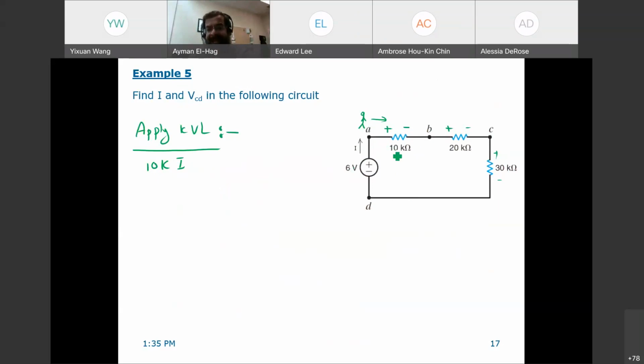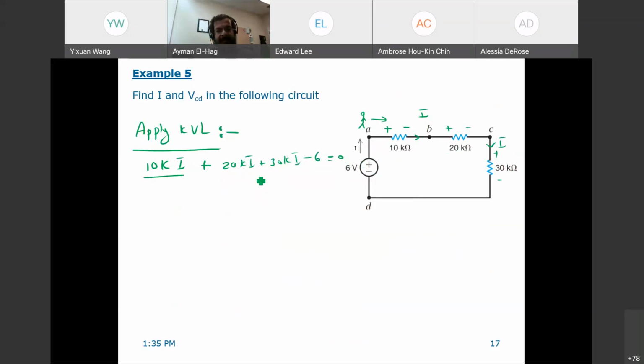So 10KI plus 20KI, because this is the same current. The current goes all the way around this loop. Plus 30KI minus 6, coming back to the same point, point A, equals 0. Summation of voltages equals 0.